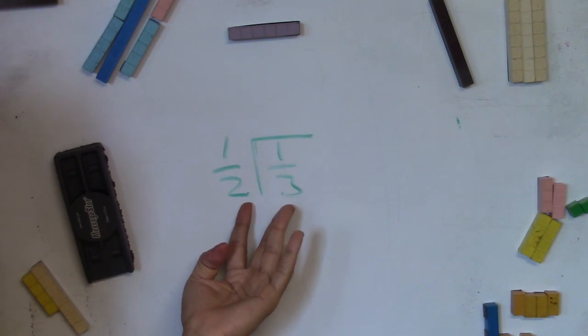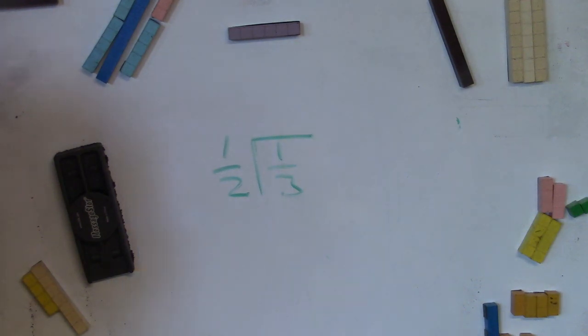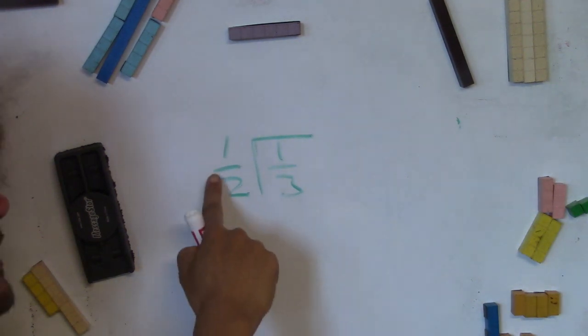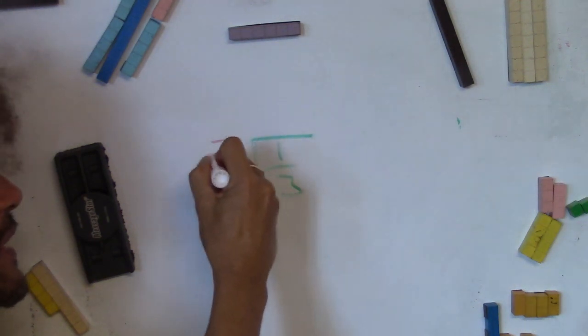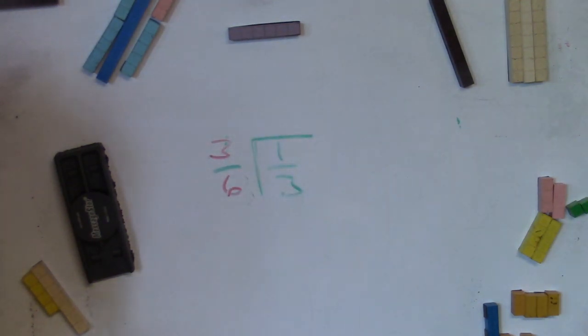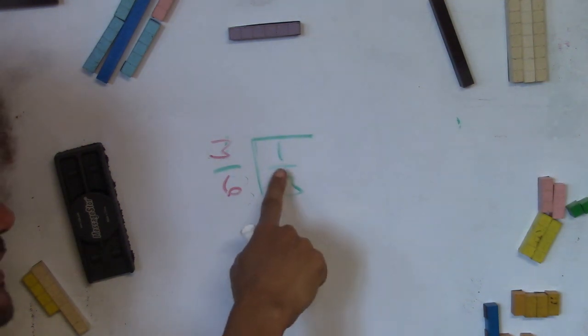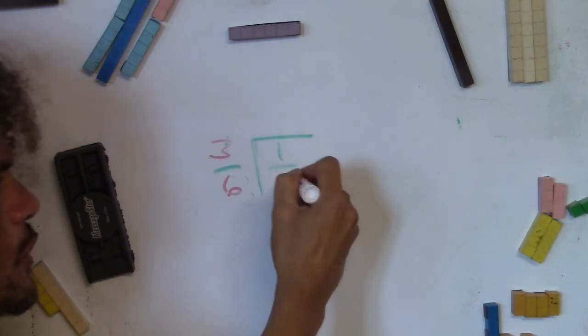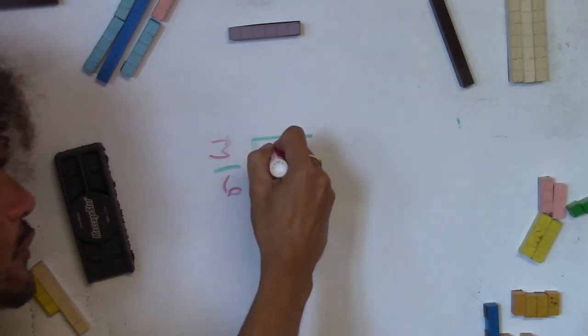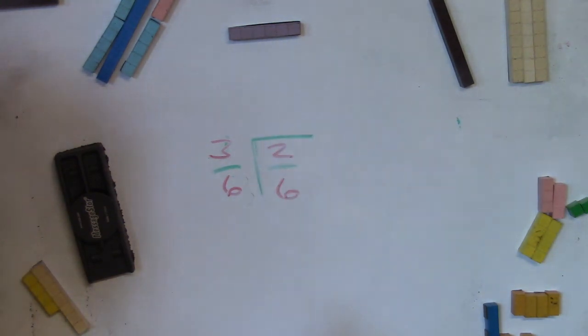What's a common denominator? 6. I like 6. If I make this 6, this makes 3/6, right? And if I make this 6, that makes this 2/6. I'll be right back. Alright.